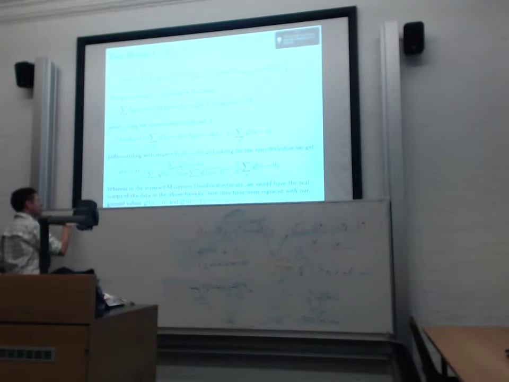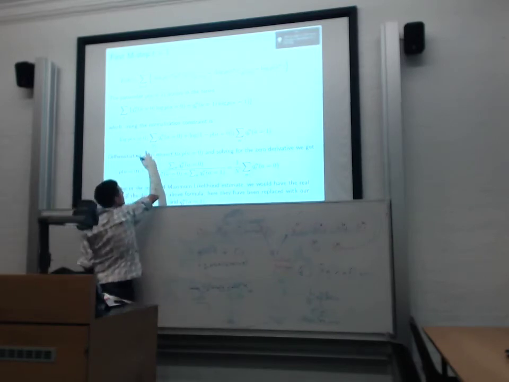Let's call theta equal to P of A equals 0. So P of A equals 0 is a parameter. Let's call it theta. So what do we have? We have this thing here, which is log theta.